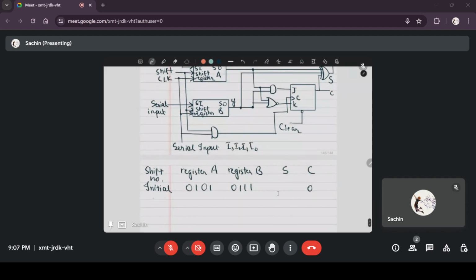Now after one shift, X is equal to 1, Y is equal to 1, so the sum is 0 with carry 1.